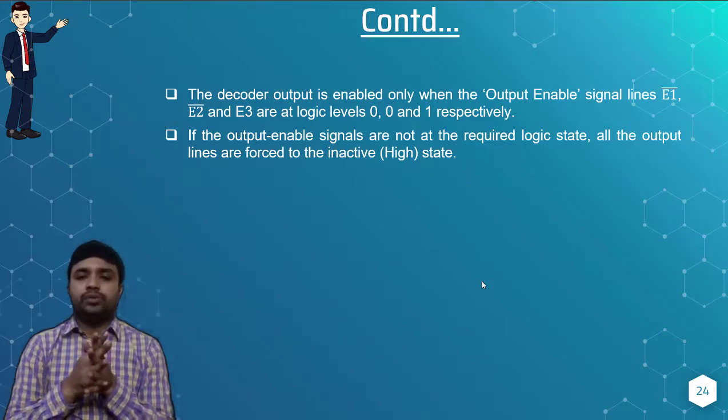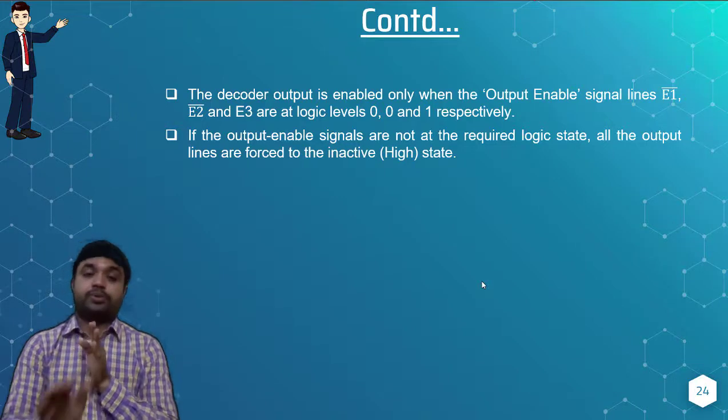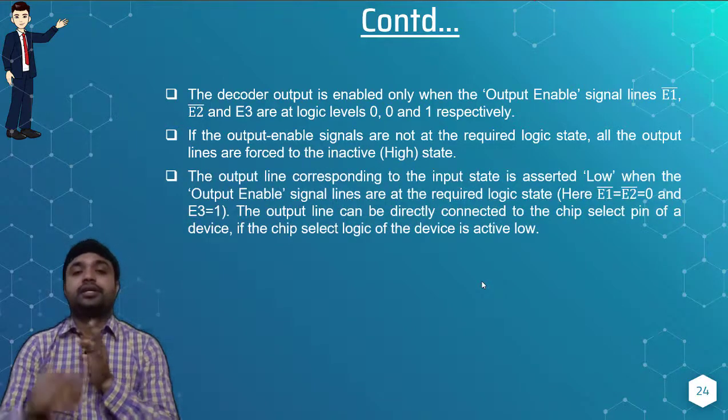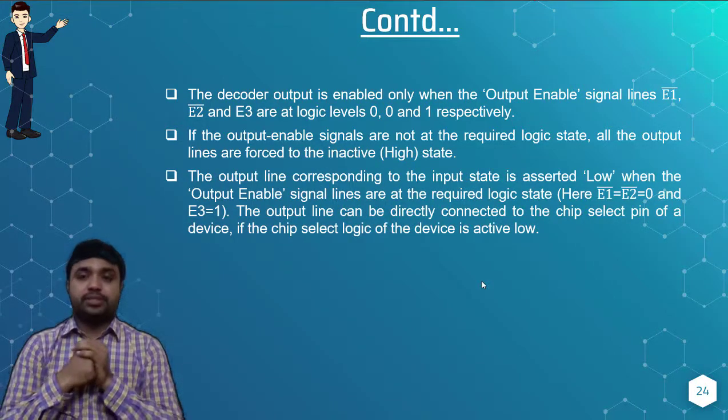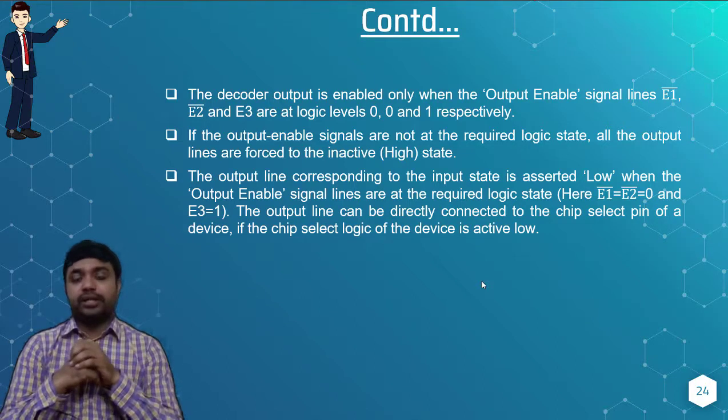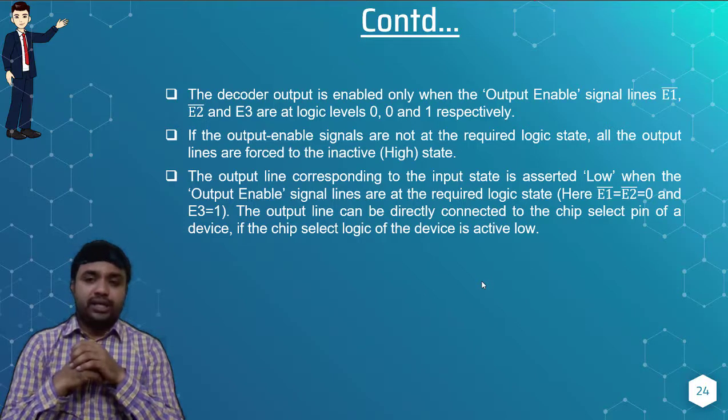That means there is no output response. Okay, next, the output line corresponding to the input state is set low when the output enable signal lines are at the required logic state, that is E1 bar, E2 bar equals 0 and E3 equals 1. So this is the valid combination.